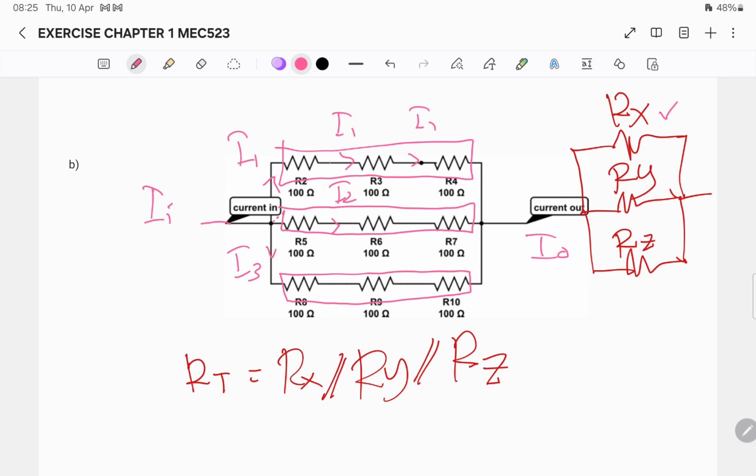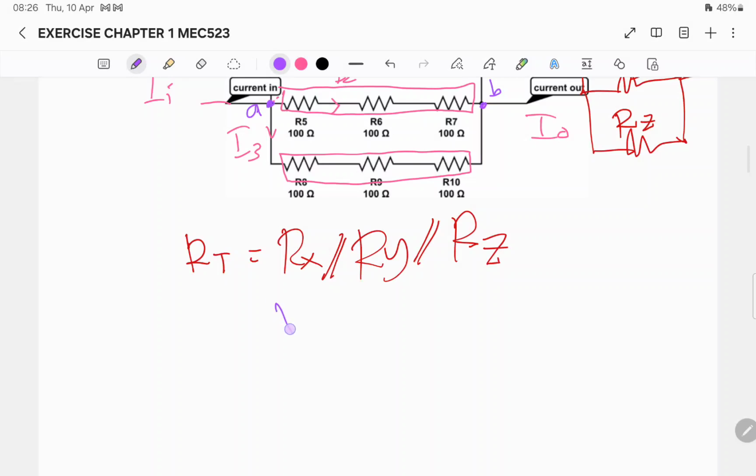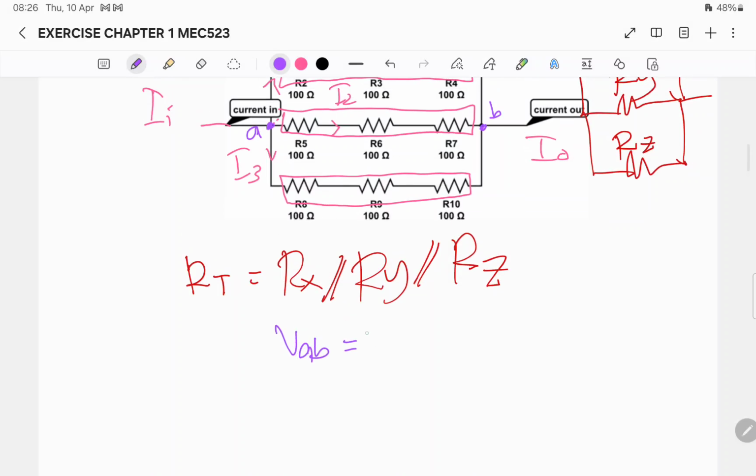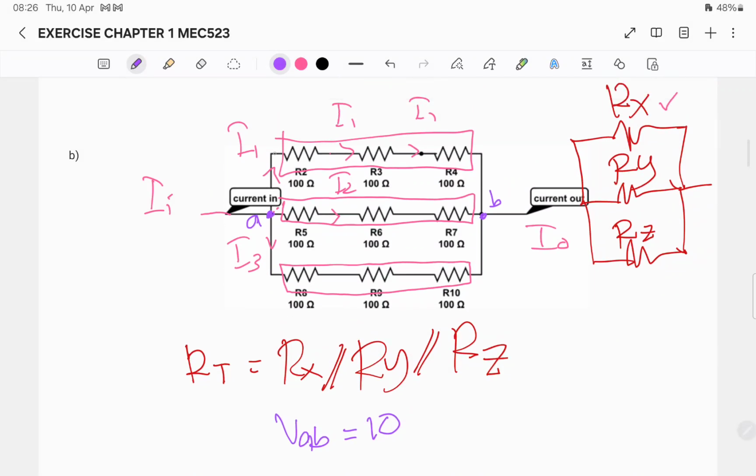Okay, and let's say here we put it as point A, and here as point B. The voltage VAB, let's say we put 10. So for V1 at the top, from here to here, we note as V1.